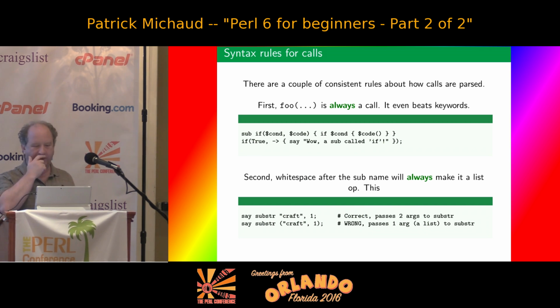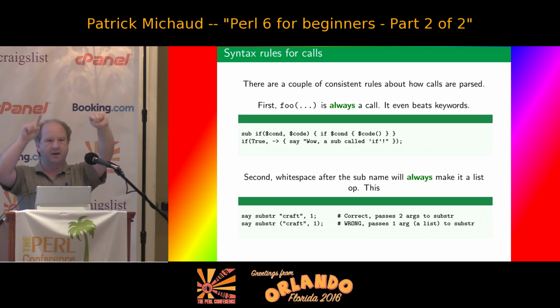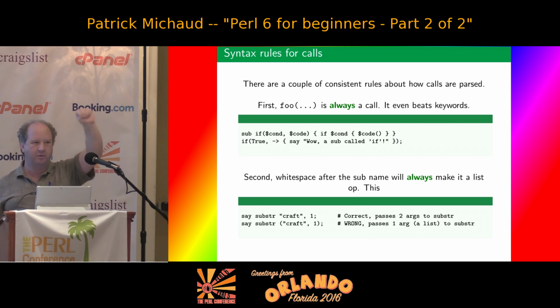So there's a couple of very consistent rules about how subs are called. If you have a bare word or a name, and it's followed immediately by a paren, then you are making a function call. Right? Doesn't matter if that bare word is a keyword. So if I see if, and a paren immediately after it, I'm calling a subroutine called if. So if somebody declares a subroutine called if, then that's the one that would get invoked.